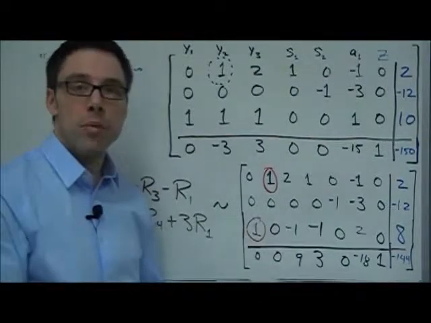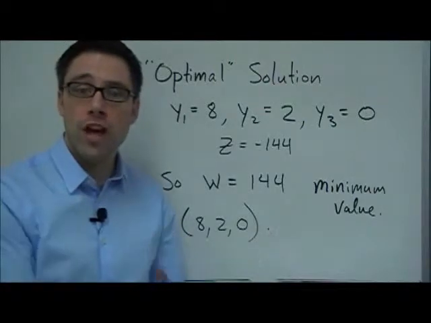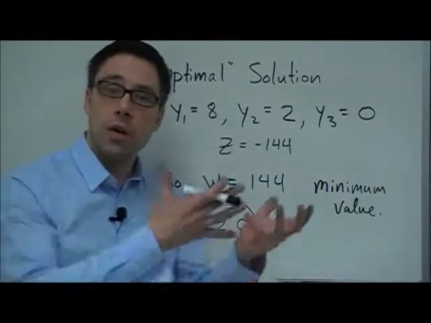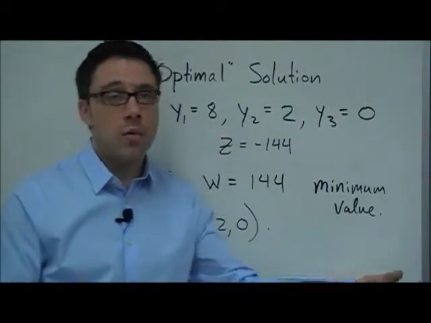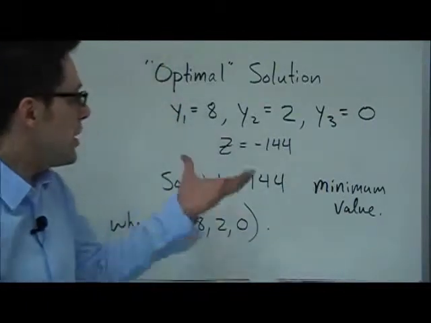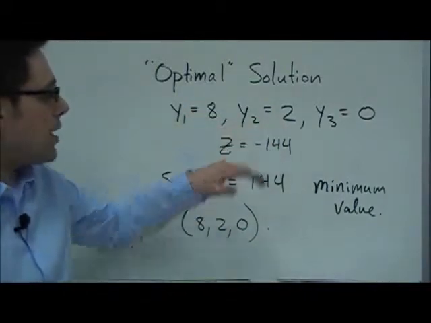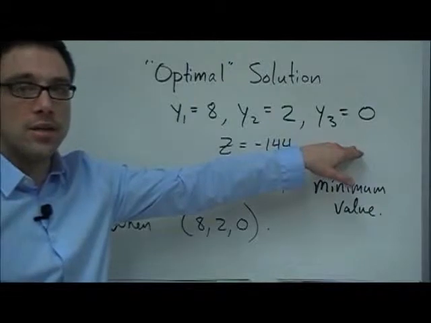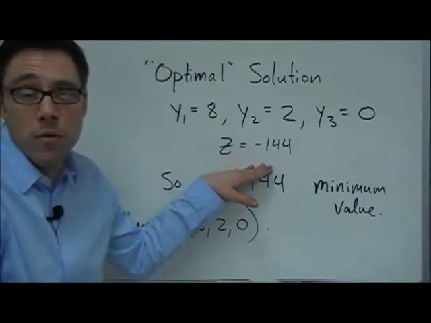So let's go ahead and write down all of this in a more complete way. So we have the optimal solution. After we've performed all the operations and got to an equivalent tableau that led really to a proper corner point, once we read off all the proper information, here's the solution. The optimal solution is when y1 is 8, y2 is 2, and y3 is non-basic, so it's 0, which corresponds to a z of minus 144.